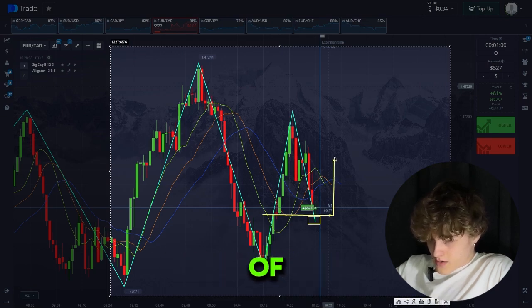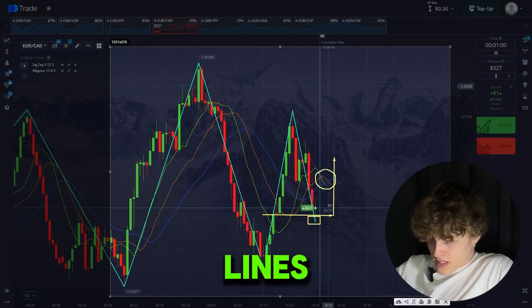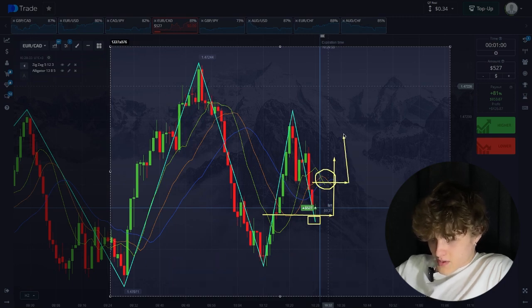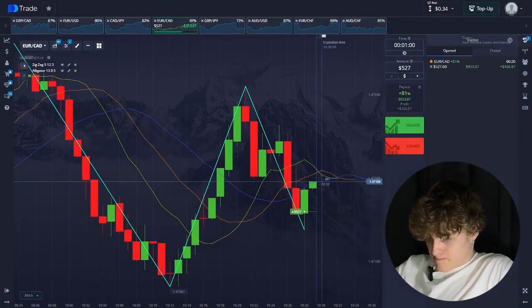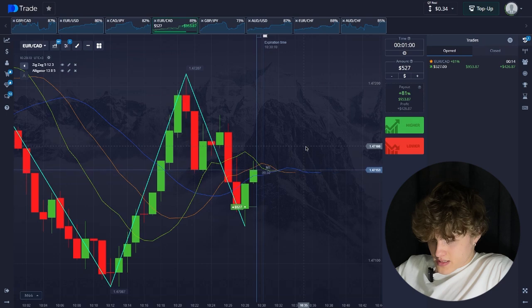On the dynamics of the movement, we see that there is, at least for now, a crossover of the moving lines, but there's no clear crossover yet. That's why I decided to open a trade in this case on the upside. As you can see, we have a crossover now. 15 seconds left to complete the trade.